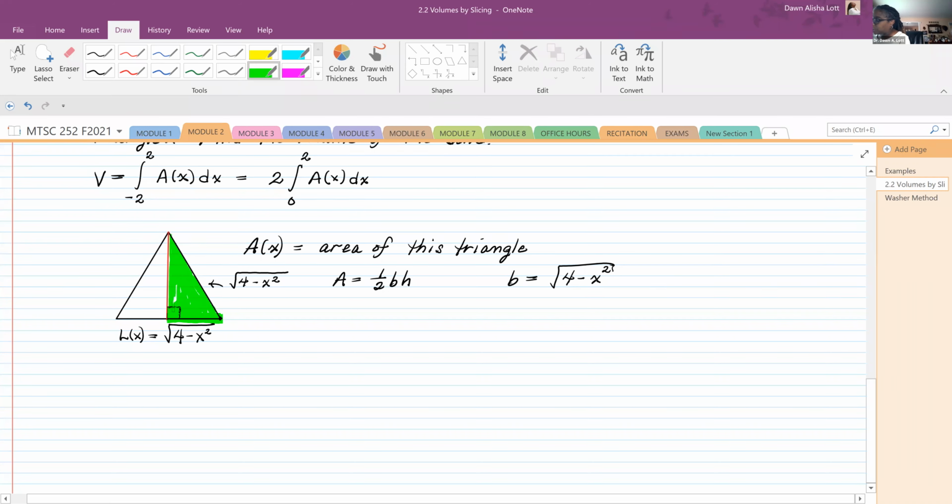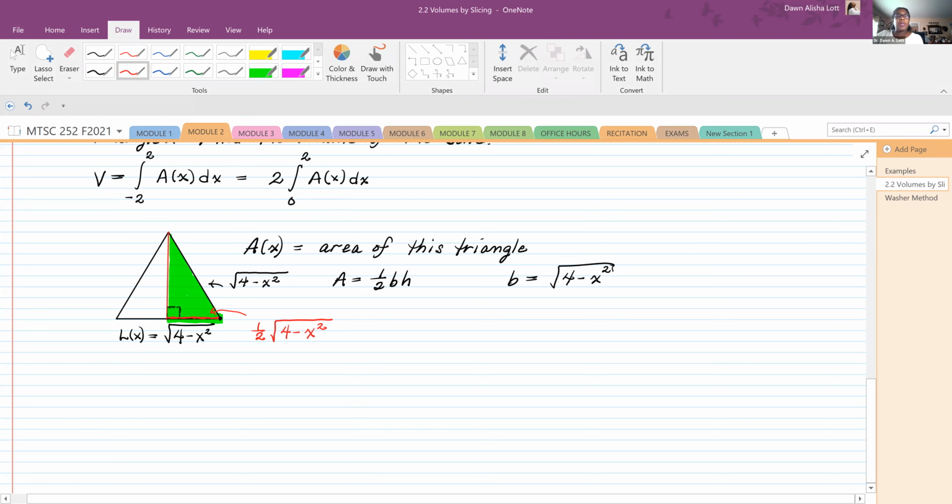For this one, I can use the Pythagorean theorem. This little piece right here, this little red piece, has length 1/2 the square root of 4 minus x squared.